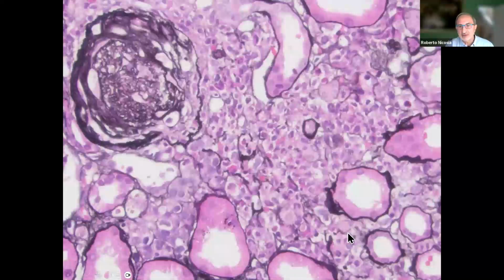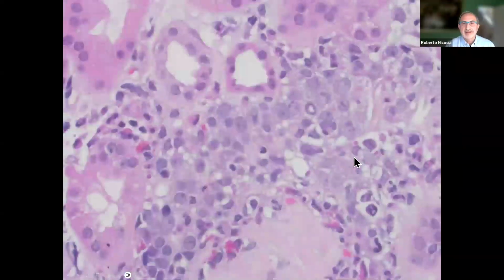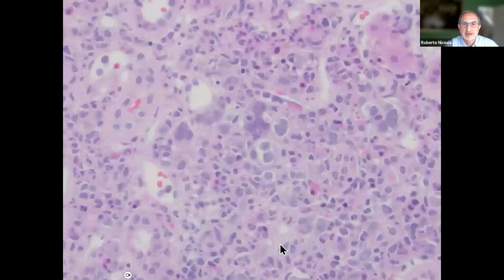And some have nuclei that are multi-lobed. Another view of a cluster of immature-looking cells with, again, round nuclei with multiple nucleoli. But also now we're seeing what look like eosinophils, so cells with eosinophilic, but also granular cytoplasm.